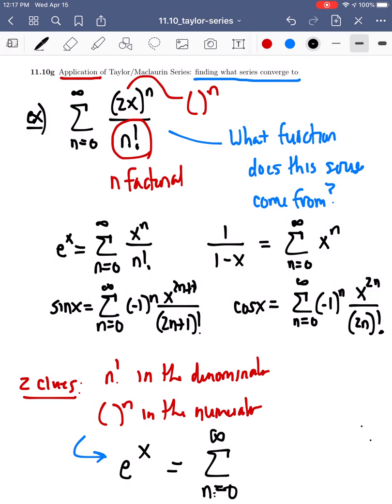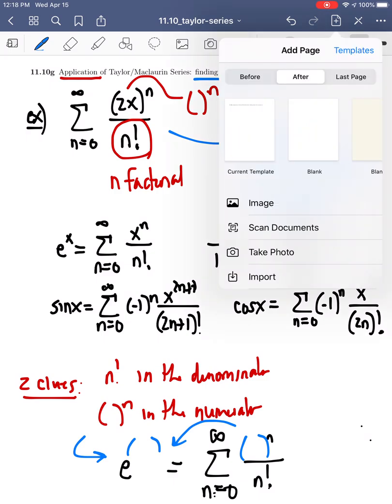Well, let me put the equal sign. And what we're going to do is figure out, well, I'm going to stencilify this. So everywhere there's an x, I'm going to replace it by open parentheses. And I'm going to try to figure out what needs to be in those blue parentheses that I see in the series that I'm given to go the other way to get some exponential function. So again, this is a series that we're starting with.